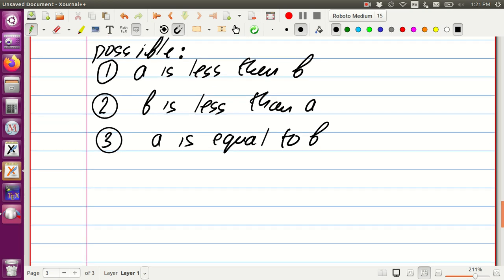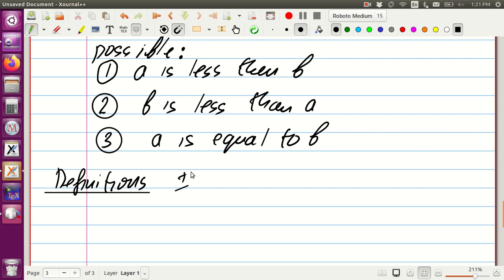All right. So I said A less than B, and I said B less than A, and A is equal to B. And I didn't really define it, so maybe we can create small definitions for these meanings, right?